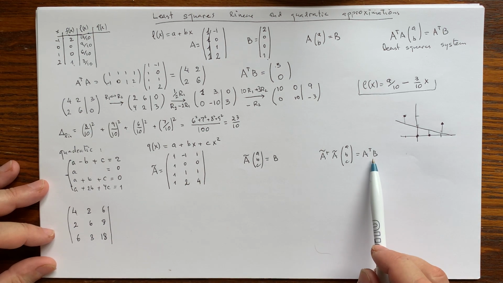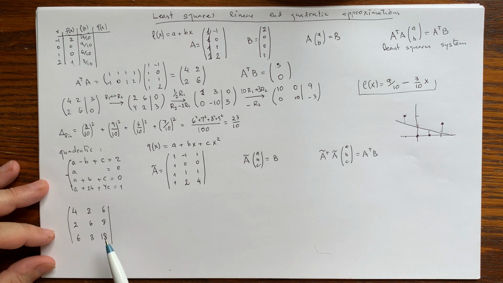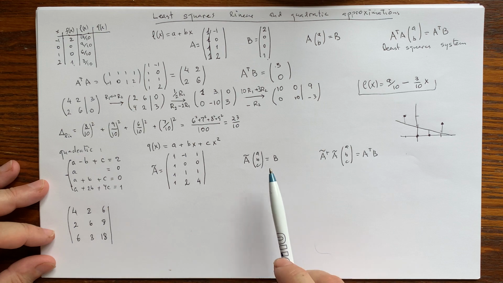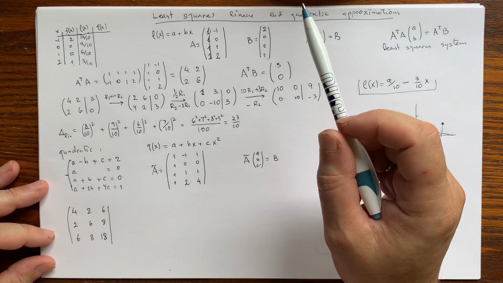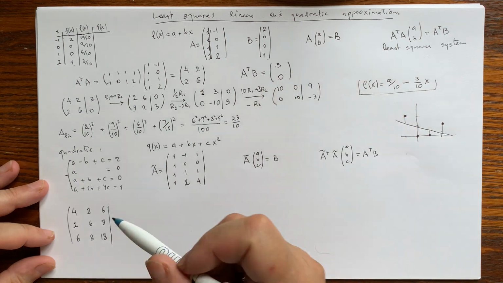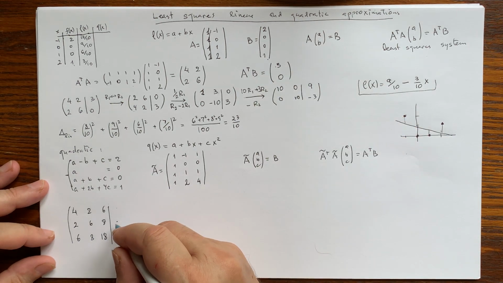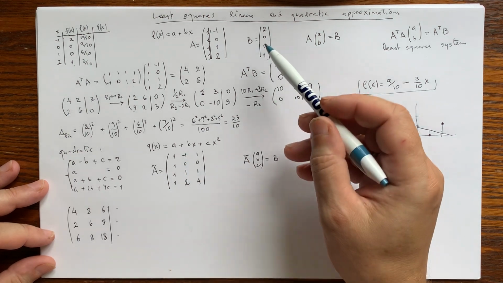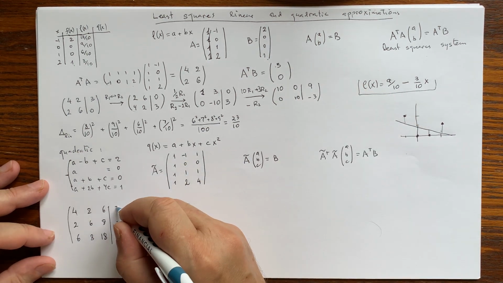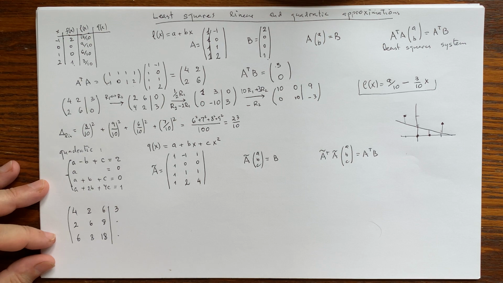And then on the right of the least square system for the quadratic fit, we will have to multiply the transpose of our A with this. And that is as before. The first entry will be the scalar product of all ones with this, so the sum of all the y entries, which was 3 and is still 3.